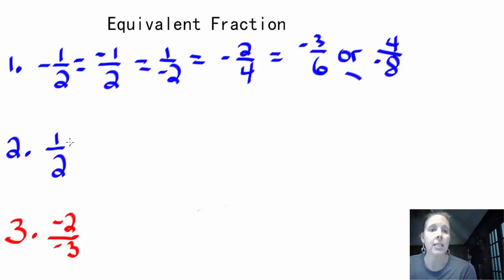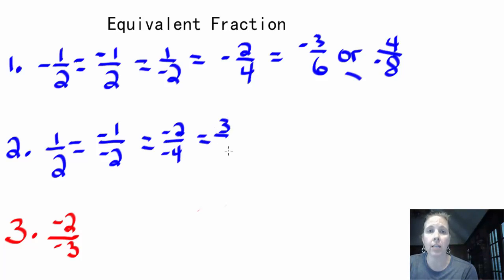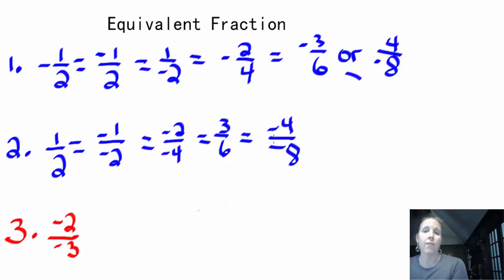Okay, same with here. The 1/2 could be written as -1 over -2, because remember, negative divided by negative is really a positive. Okay, so we could write it like that, or it could be -2 over -4, or it could be 3 over 6, or it could be -4 over -8. It does not matter. If there's two negatives, that's also a positive. Okay. So same with right here.